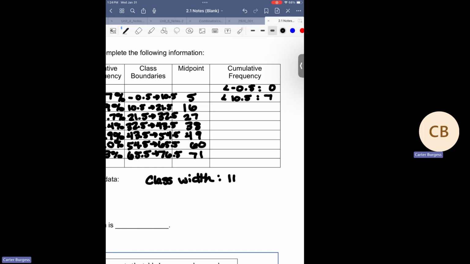We are then going to look to the left of our next bound, 21.5. How many buckets have I gone through by the time I go from the start to 21.5? 2 buckets, for a total of 40 data points, which is coming from adding 7 plus 33, exactly.